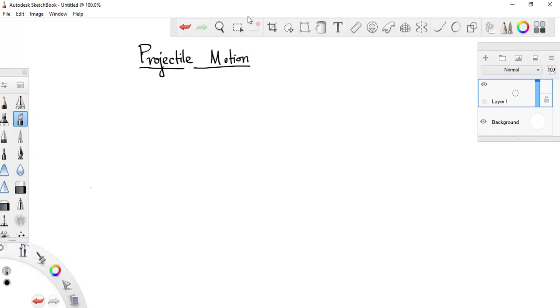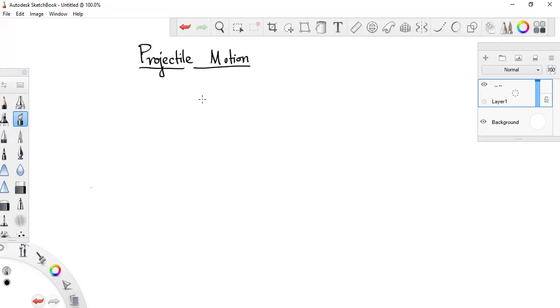So if you want to define what is a projectile, any object thrown in air with some initial velocity at an angle less than 90 degrees and allowed to move under the action of gravity is known as a projectile.